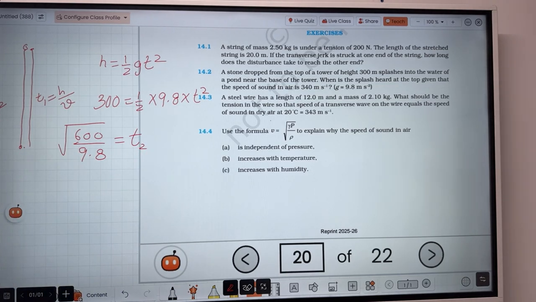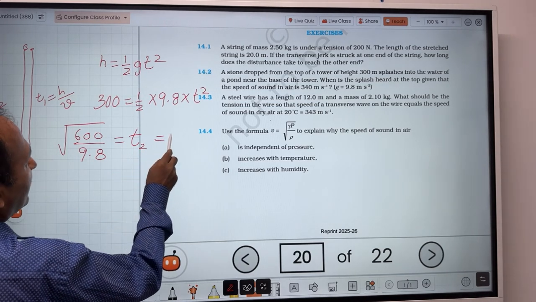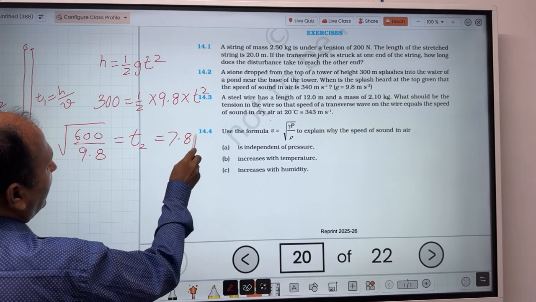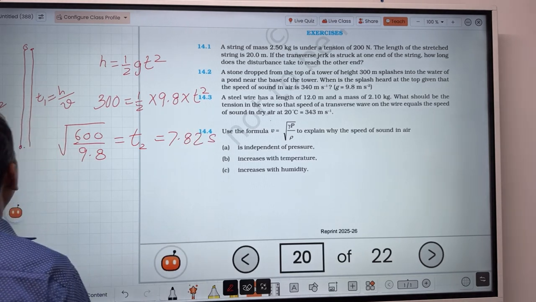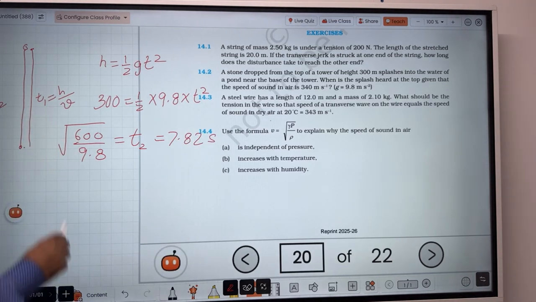Now we can evaluate. So on evaluation, we will get 7.82 seconds. So we have got the time that the stone takes to reach the water level.